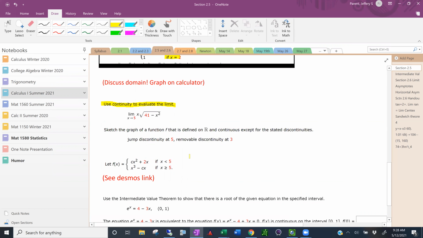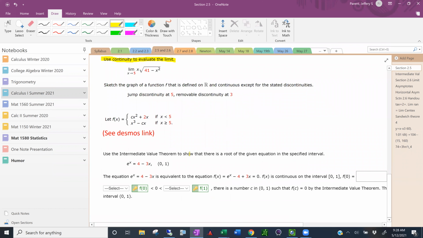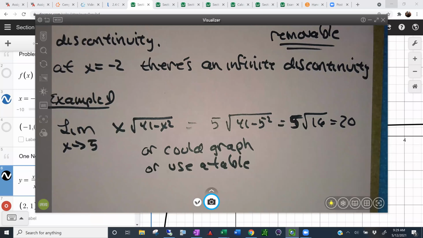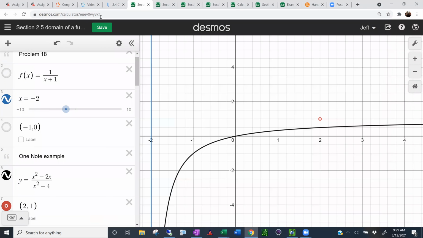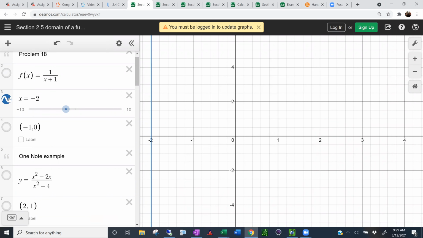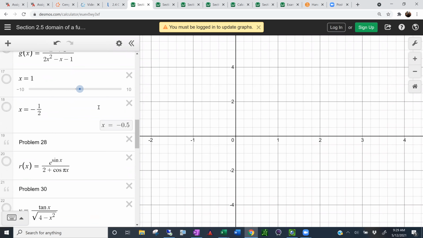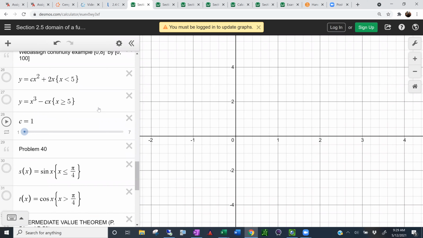Okay. Let's move down to this one right here. I don't think I've shared with you the Desmos link that I've been using, so let me take care of that. Actually, let me shut these off first. And where's this example? Yeah, it's down here.